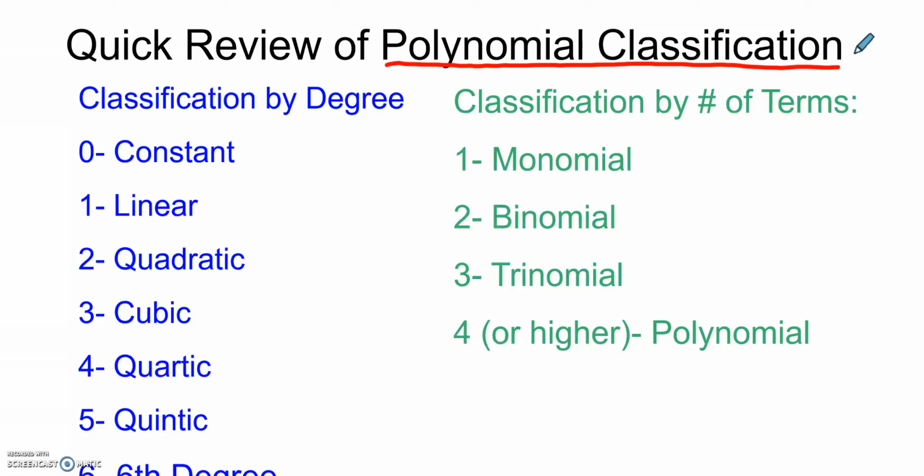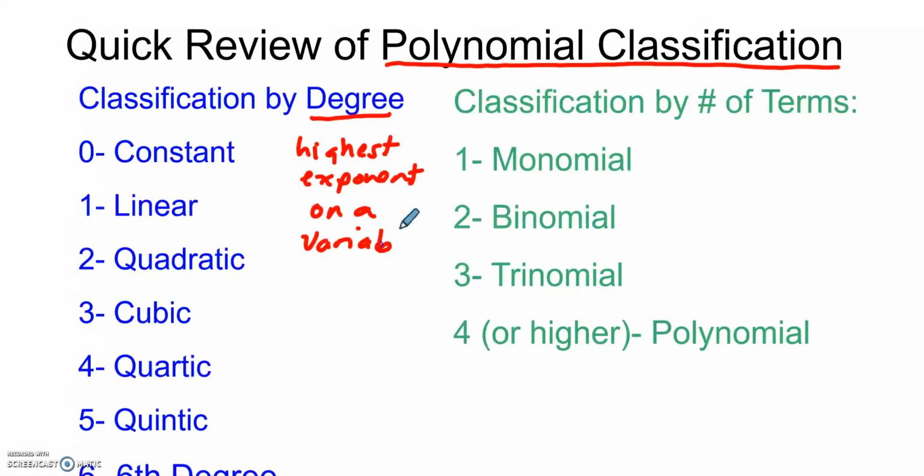So, as a brief review, remember that if you want to classify a polynomial by degree, that represents the highest exponent that you see on a variable. So if you see something that is x to the 0th, that's a constant polynomial.